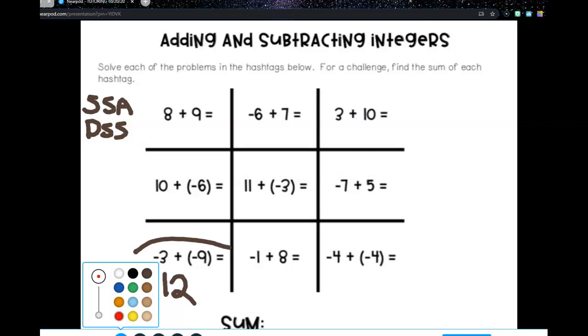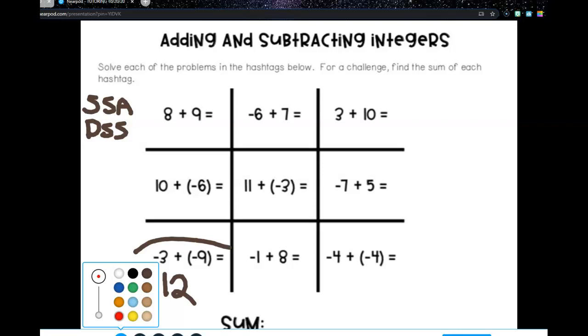If it said 9 times 4 inside the parentheses, you would do the operation. But this is just to keep it separate, so there's nothing to do inside the parentheses. Oh, really? Okay, cool.